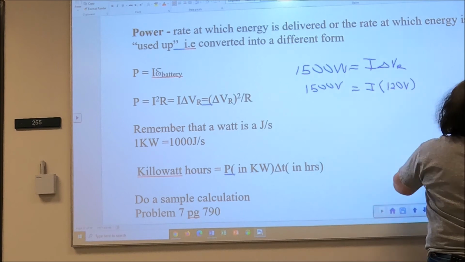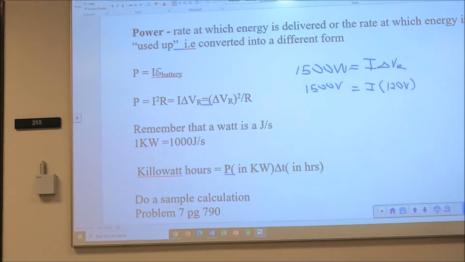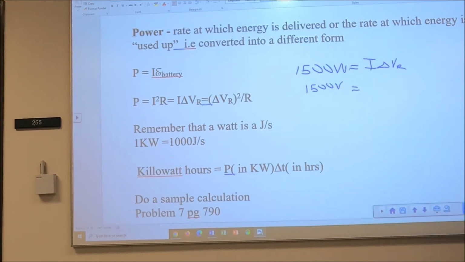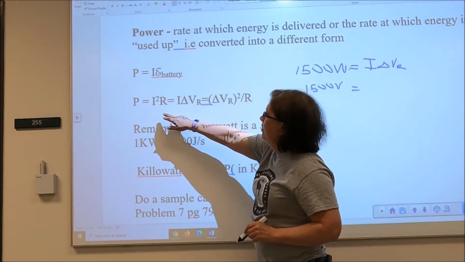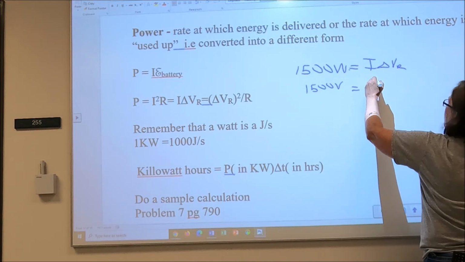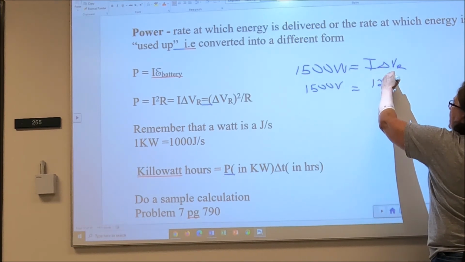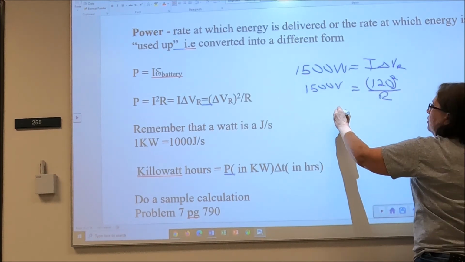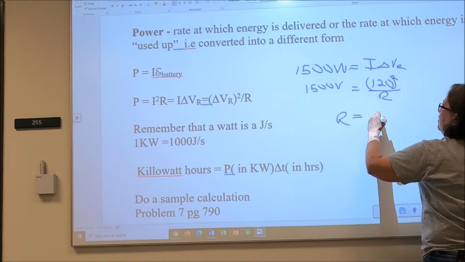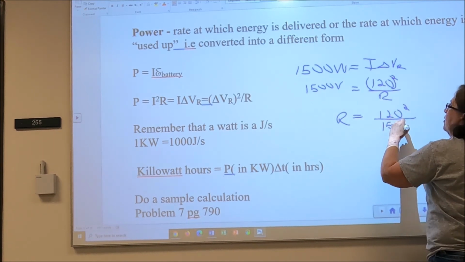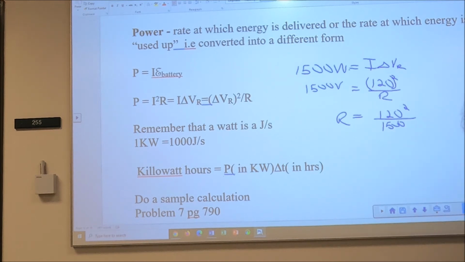Well, actually, that's not going to give me what I want, because I was asked to find the resistance. So I'm going to use this one. It's going to equal 120 squared over R. So R is going to be equal to 120 squared divided by 1500 watts.